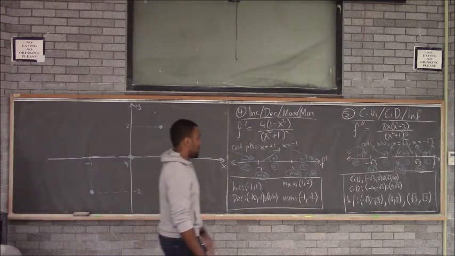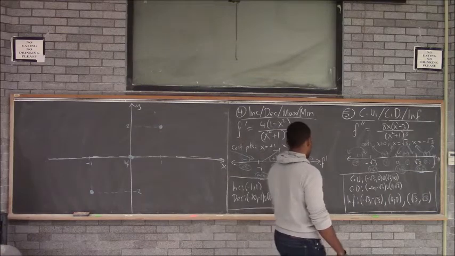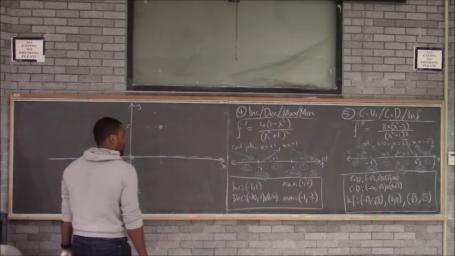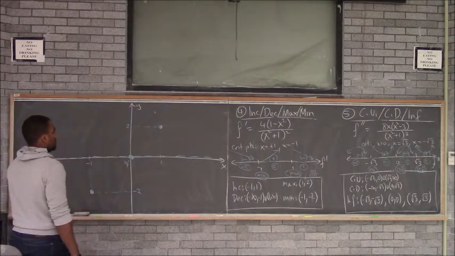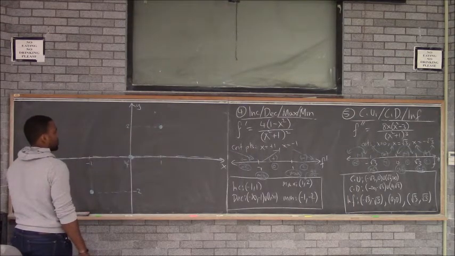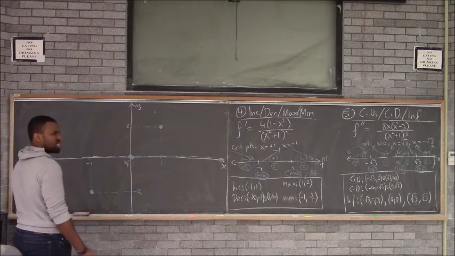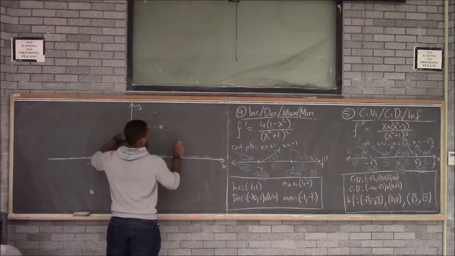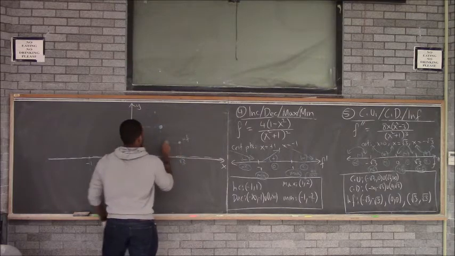Okay, what else do we have? We have inflection points at radical 3, radical 3. Radical 3 is what, 1.7-ish? Here, it's going to be an inflection point here. Also inflection. This is at radical 3.